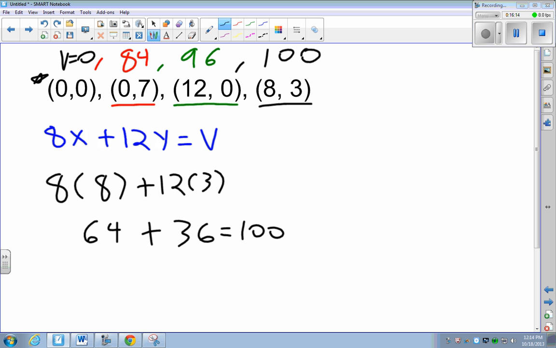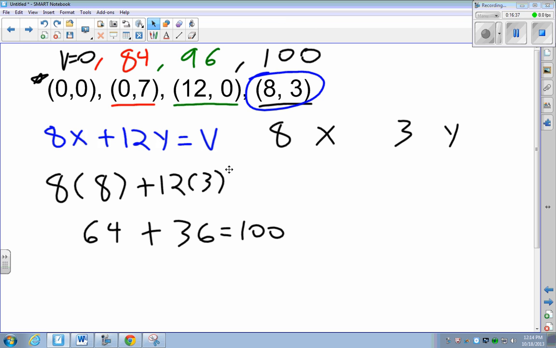And so our most optimal solution here is that we buy 8 X file cabinets, and we buy 3 Y cabinets. So this is our most optimal solution right here. 8 X file cabinets and 3 Y file cabinets.